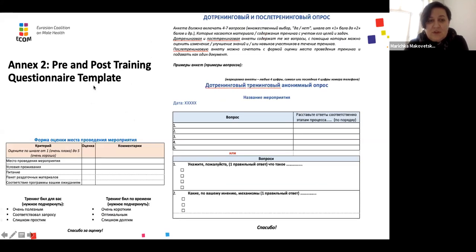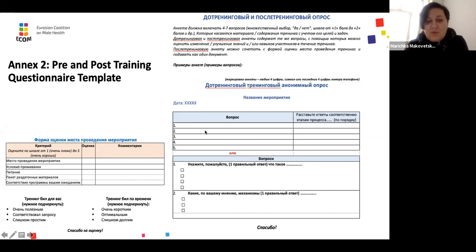Again, the pre and post training questionnaire. For the moment, it's available in Russian, but I will translate it into English, so you will have one in English. It's some small examples of questions that you may ask your audience, like you may put the questions in the right order, you may pick the right answer from the list that you give them, you may do everything you want.